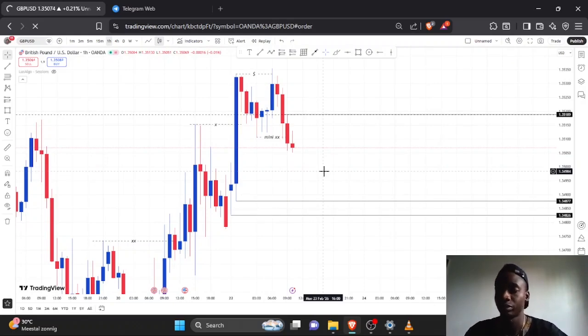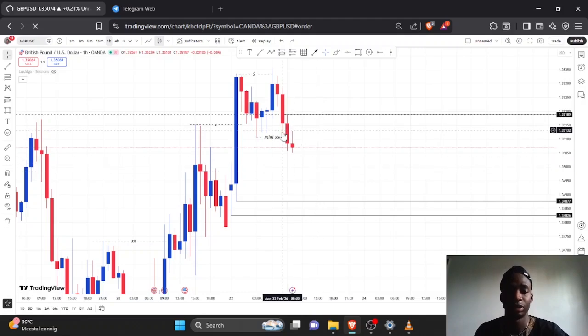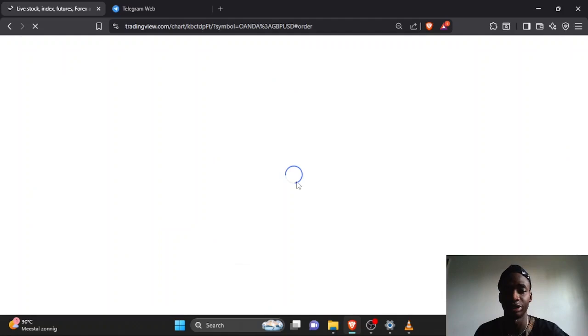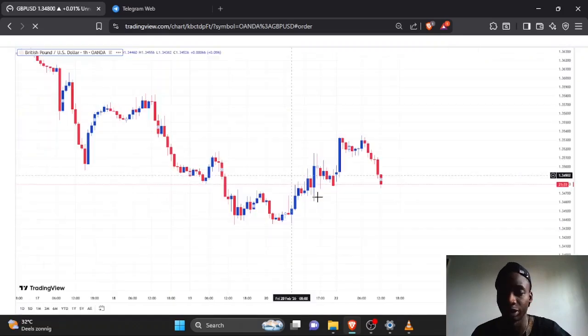Remember I said if we didn't have any liquidity grab, we're not going to take any trade until it hits our mapped out liquidity zone.